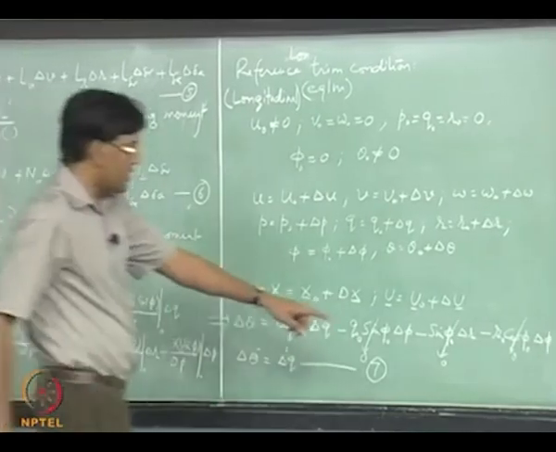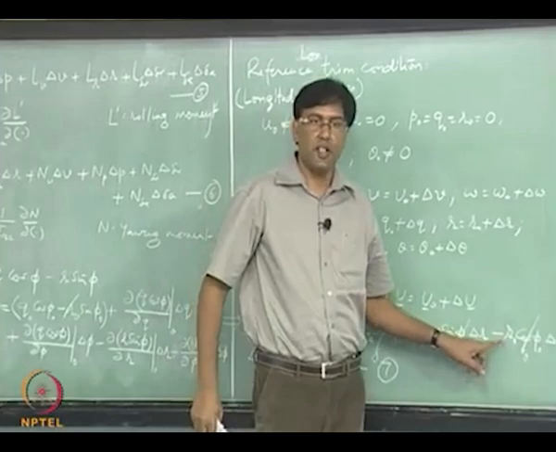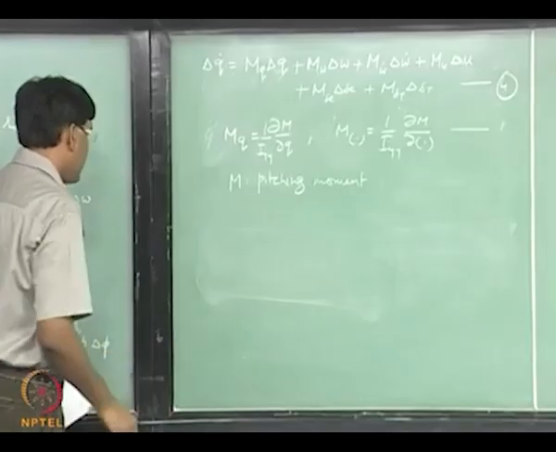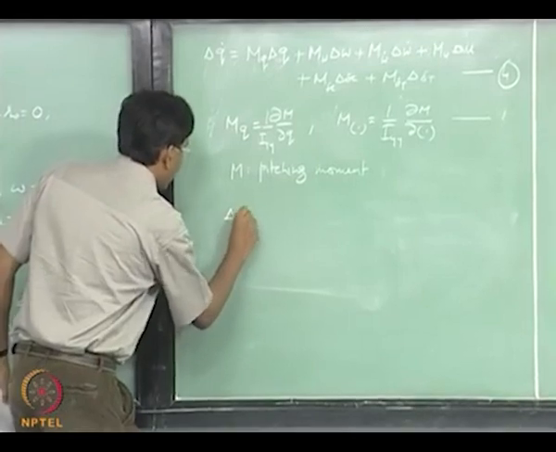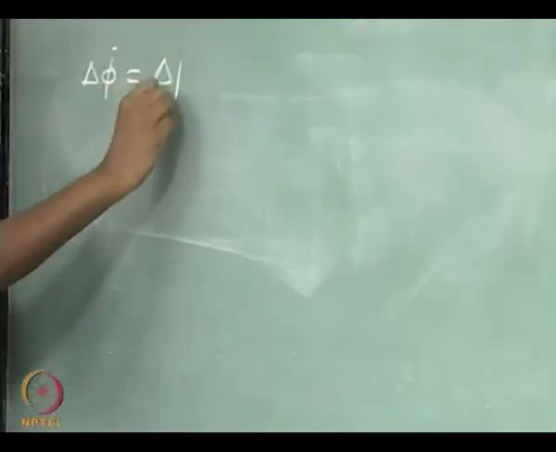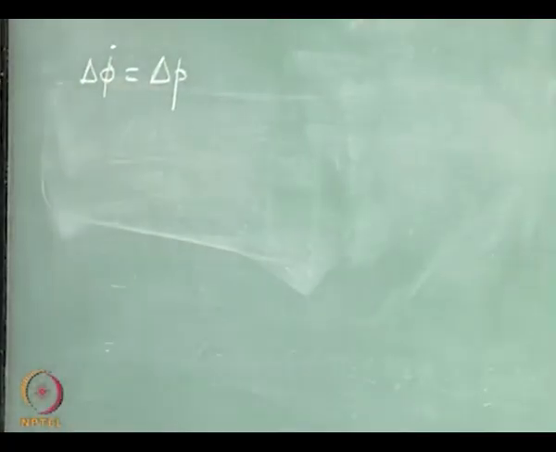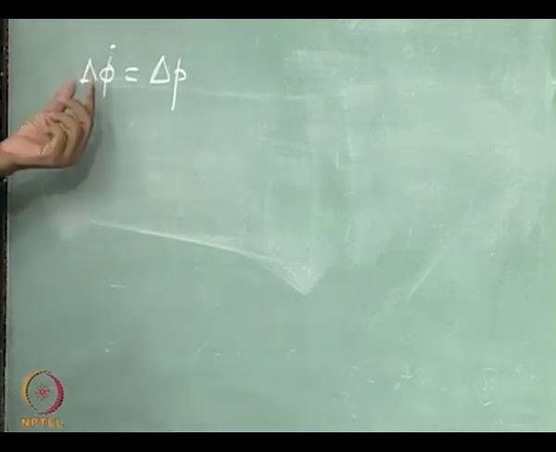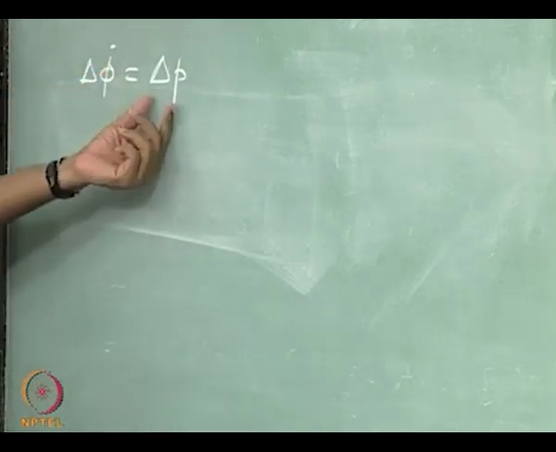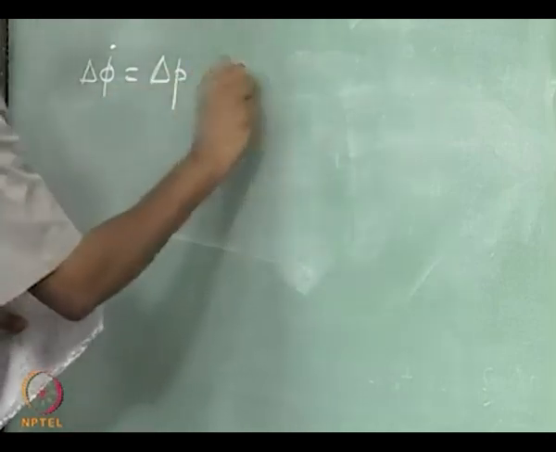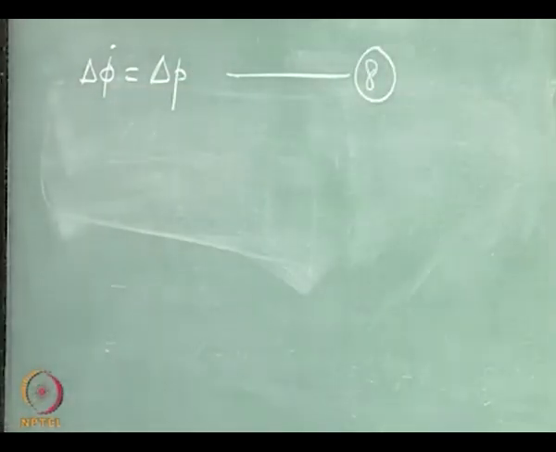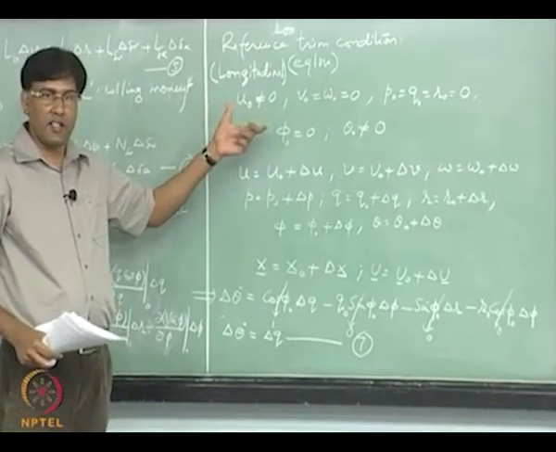Yeah, but this R naught is 0. Now you can repeat this exercise and you will find that delta phi dot is equal to delta p. So we have linearized all our equations around this particular flying condition.